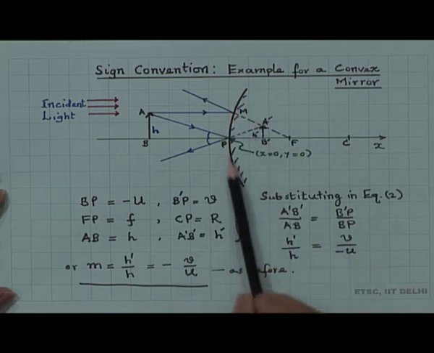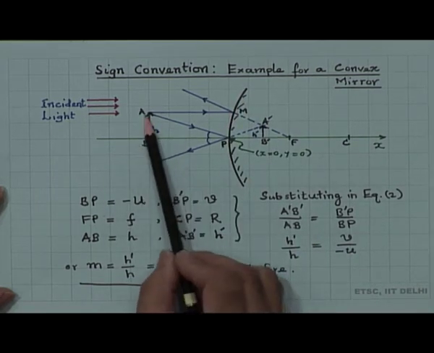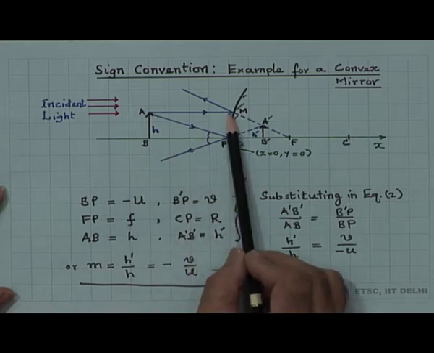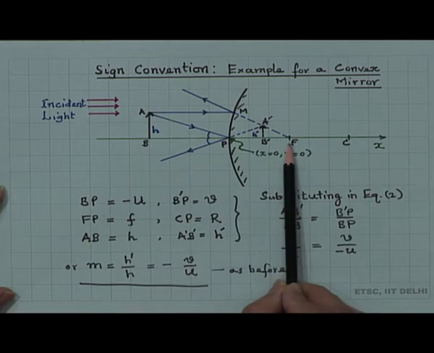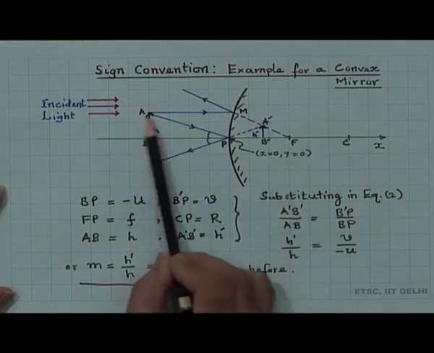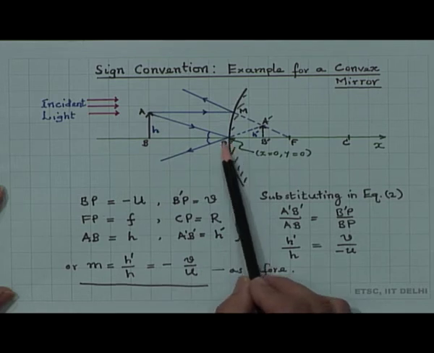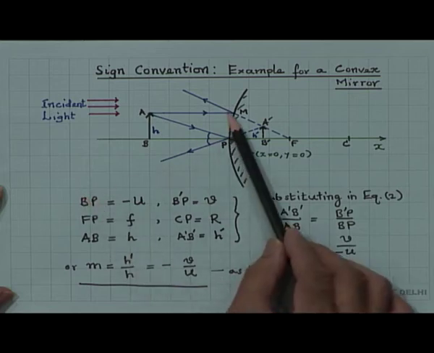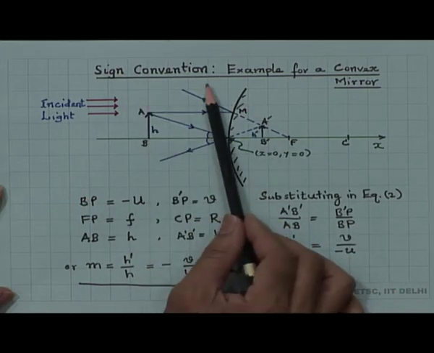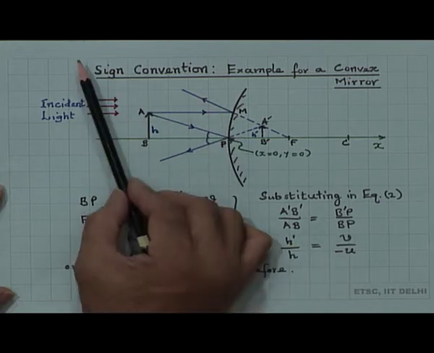There is a convex mirror here and there is an object AB in front of it. The parallel ray which is incident here is reflected such that it appears to come from the principal focus, and a ray which comes to the pole is reflected in this direction. As we can see, both the rays are diverging away on the left side of the mirror, and therefore there is no way that they will intersect.